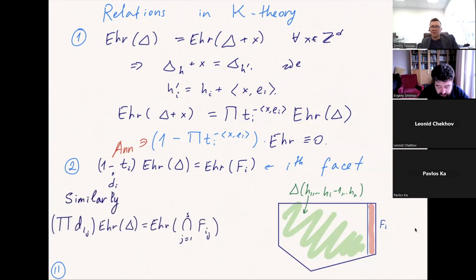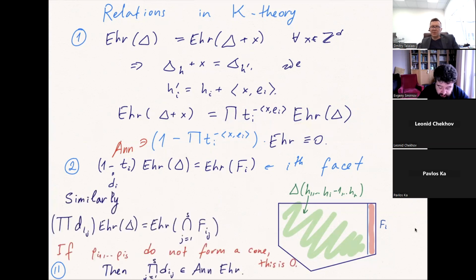And then the second series of relations, as I mentioned, is obtained from collections of rays not forming a cone. If they do not form a cone, I get something in the annihilator.